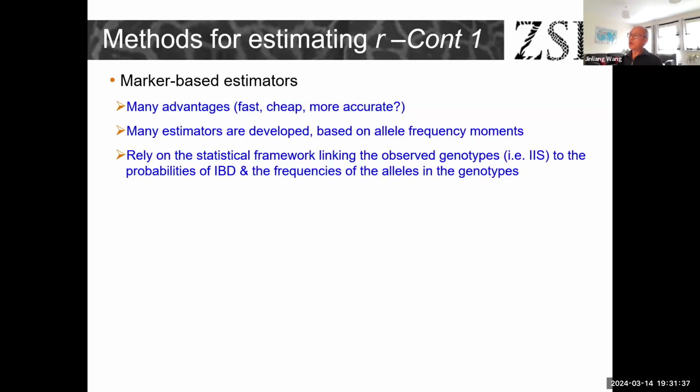But in theory, we can get sufficient marker information to get more accurate estimates of relatedness than pedigrees. And for this purpose, that is a marker-based estimation of relatedness, we have developed many estimators. They are all based on the allele frequency estimates in one way or another.